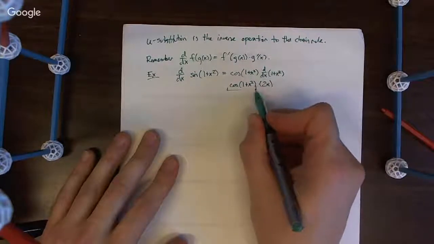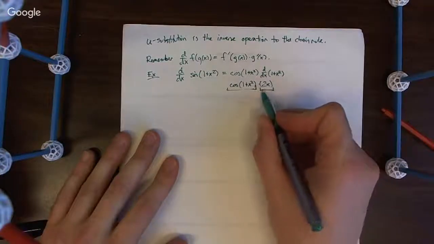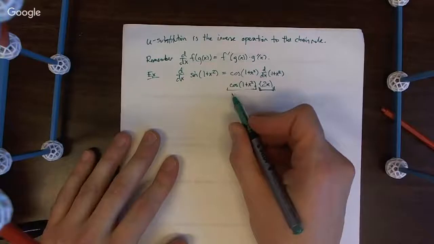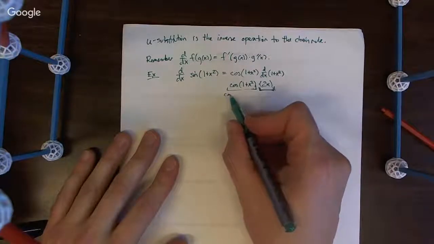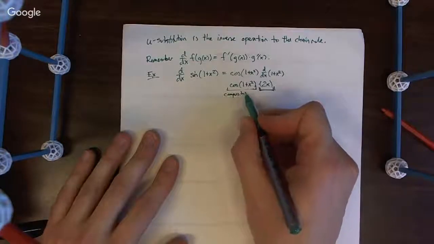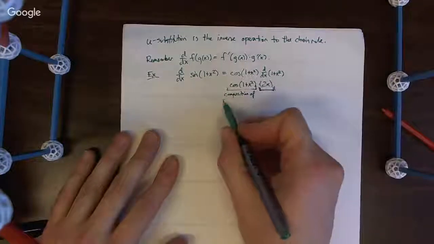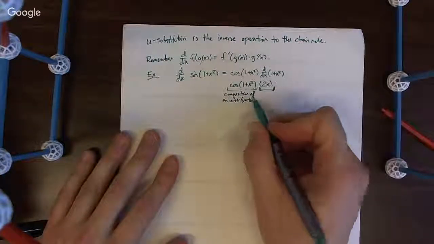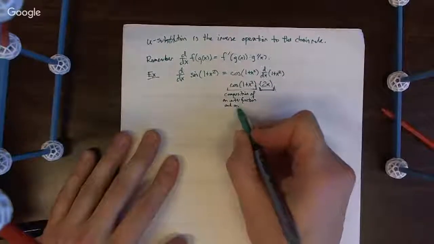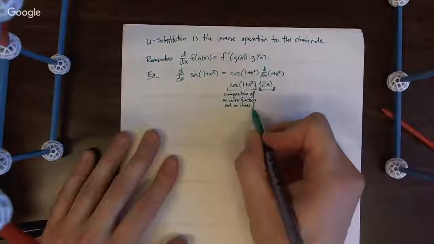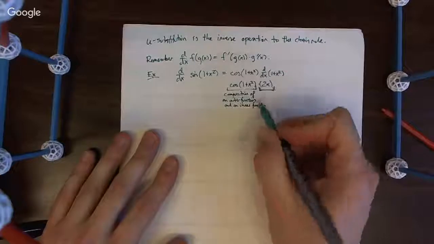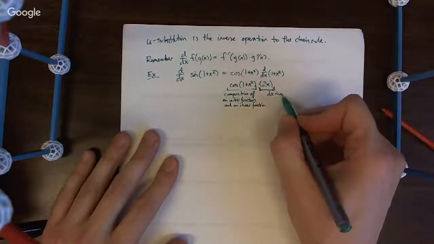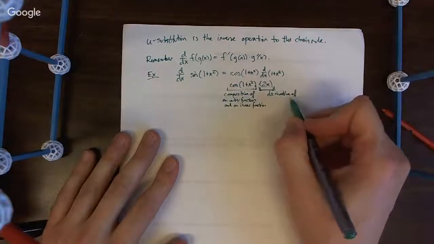If you look at the structure here, and we're going to be doing a lot of looking at the structure, we have a composition of an outer function and an inner function. And this 2x here is the derivative of the inner function.